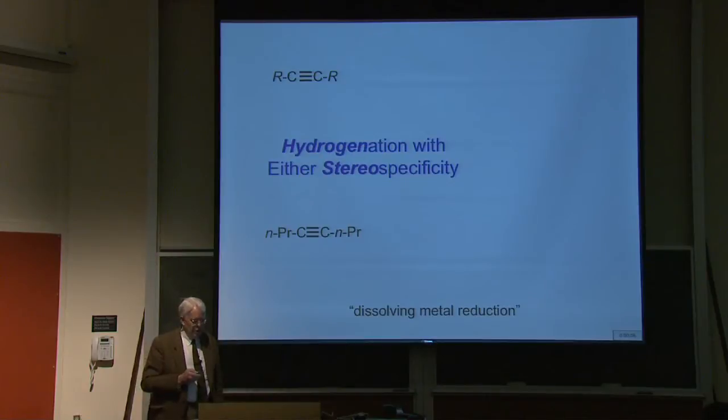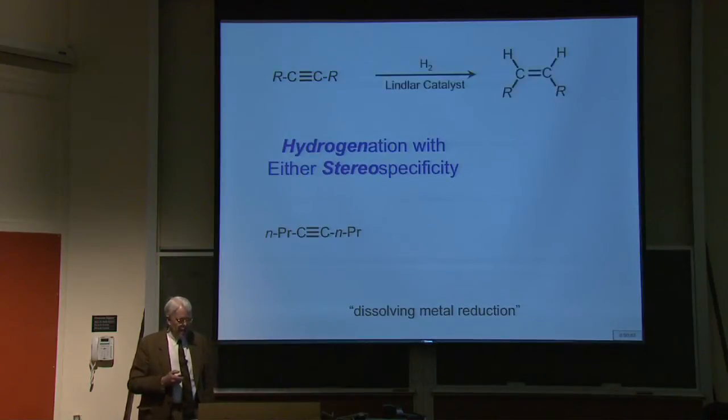Up at the top there, if we take an alkyne and reduce it with H2 and a catalyst, as we talked about with an alkene, you can get first this alkene. And you use a special catalyst. This was developed by a guy named Lindlar, and he added lead to the palladium catalyst. Lead is a poison for catalysts.